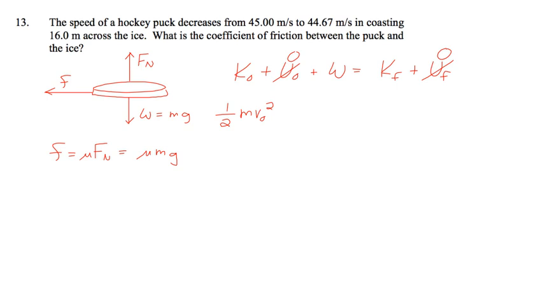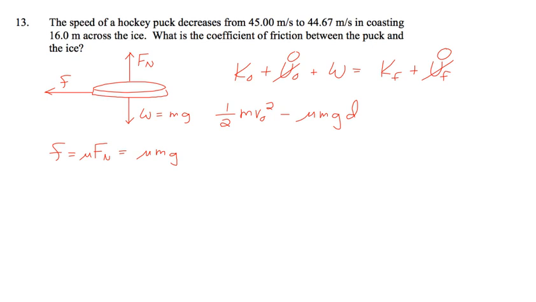So that's the first term. Now I know the work is a negative work because it's slowing it down. That number is smaller than that number. So it's going to be minus mu mg, which is the friction, times d.